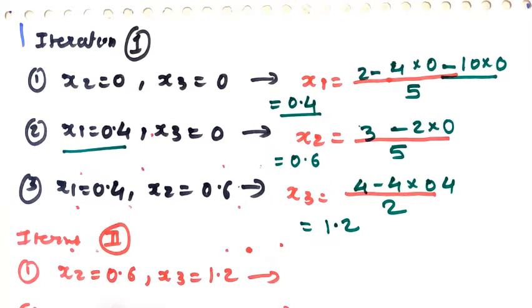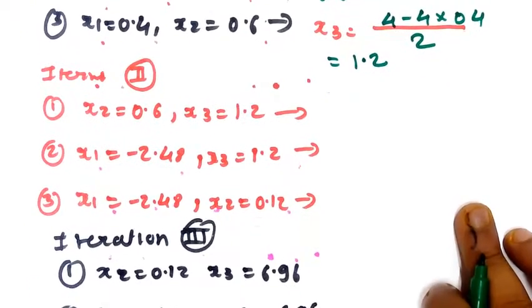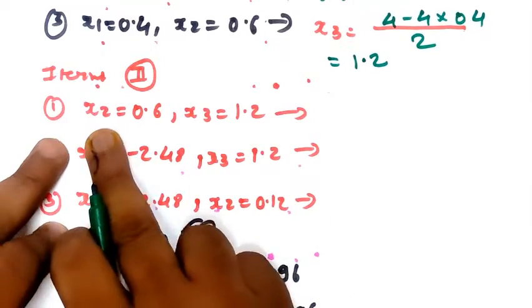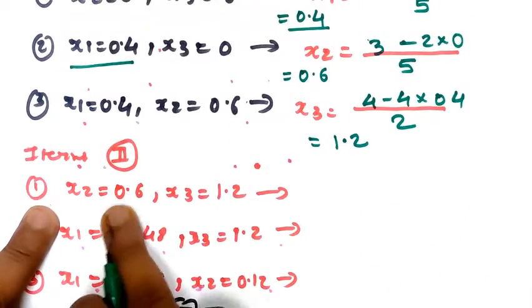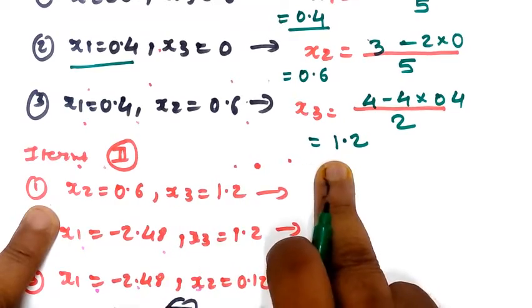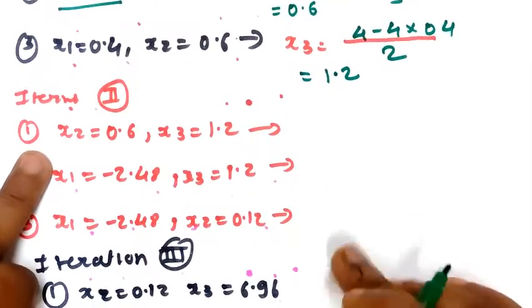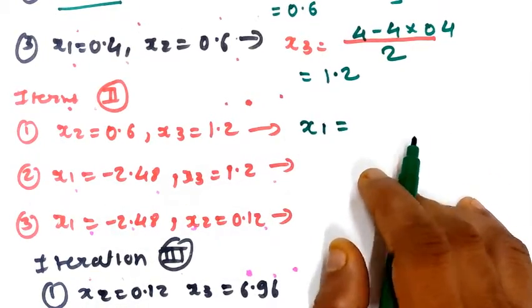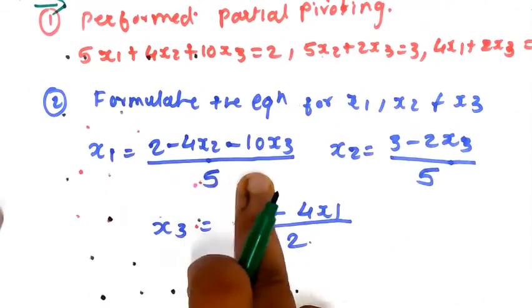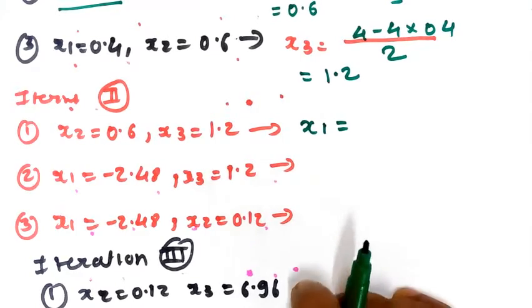For iteration number 2, you have to consider these as the initial values. Same procedure for iteration number 2: now x2 is 0.6 as we have seen and x3 is 1.2. So the same we have to put in. We have to find the value of x1. The formula is already shown to you. Put in that equation.